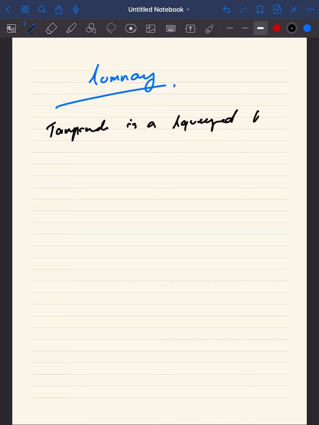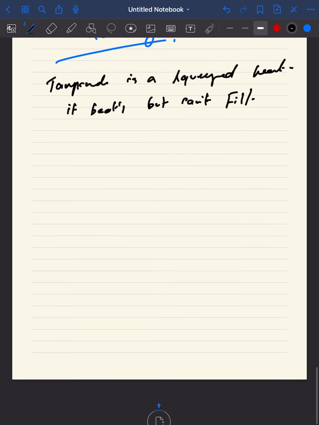So, summary. Tamponade is a squeezed heart. It beats but can't fill.